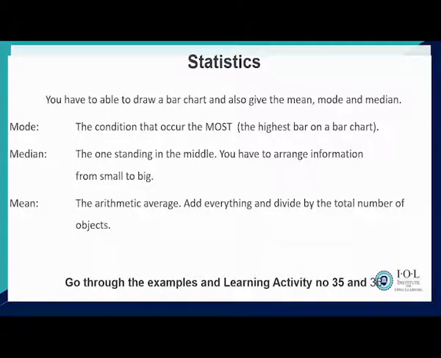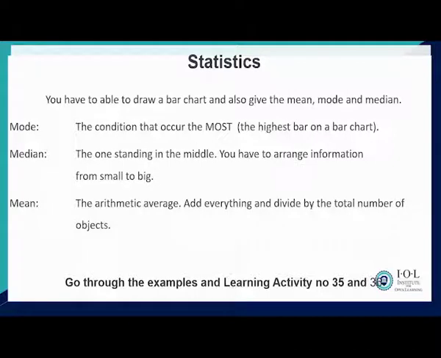The median, always after arrangement. You have to arrange it from small to big or big to small in order to find who is standing in the middle. Median, the one standing in the middle. Mean, that's our normal arithmetic average. Add everything and divide it by the total number of objects.